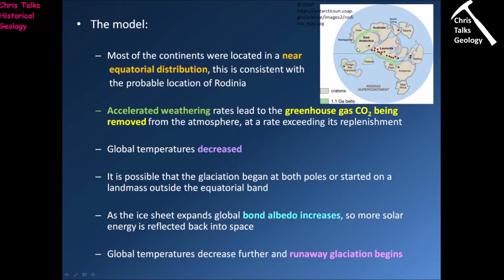Now, this is important because we know from the modern world that areas of continent which are located along this equatorial band typically suffer very, very accelerated weathering. So there's large amounts of rain and also temperatures tend to be quite warm, and this means that rocks will be weathered very, very efficiently in these kinds of environments.